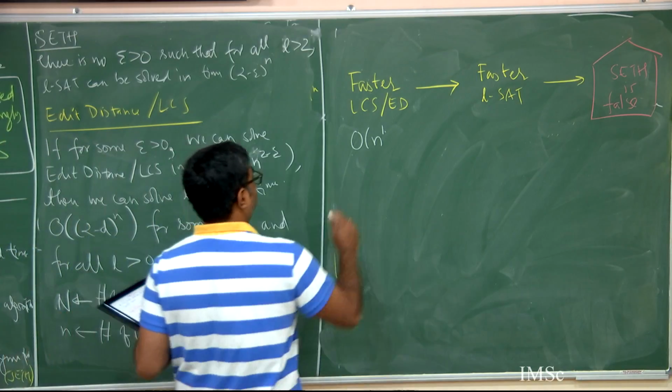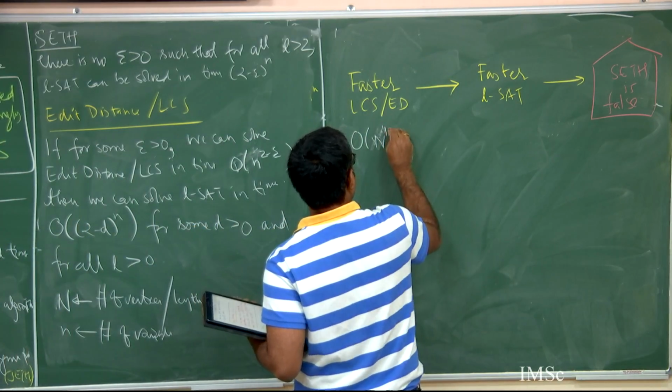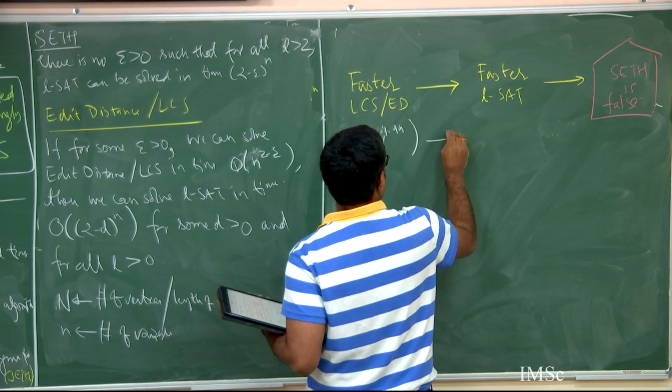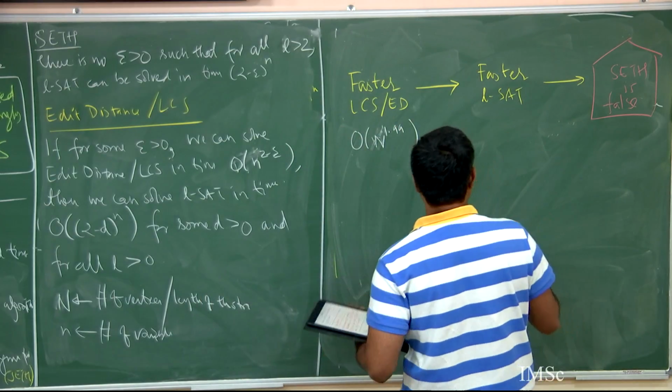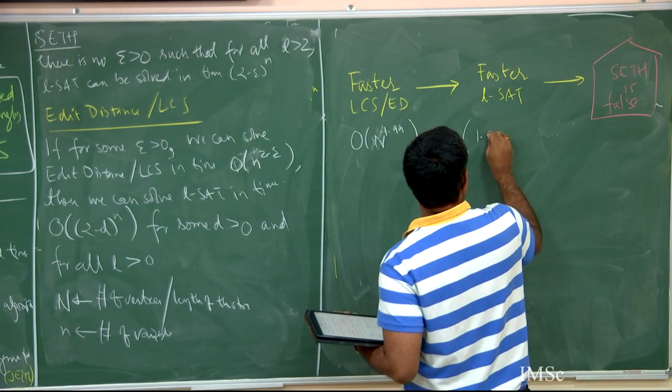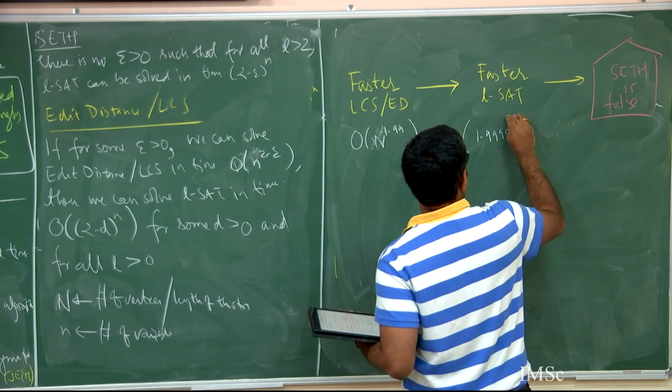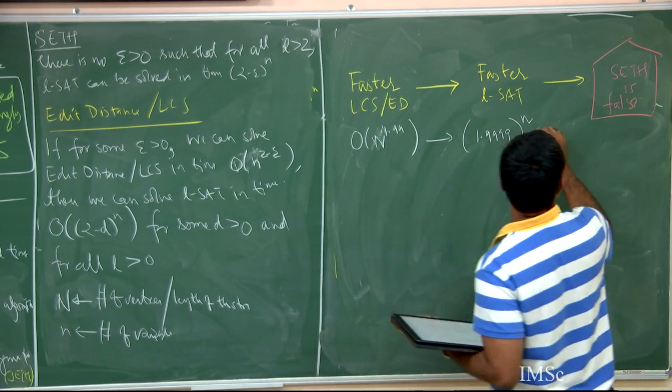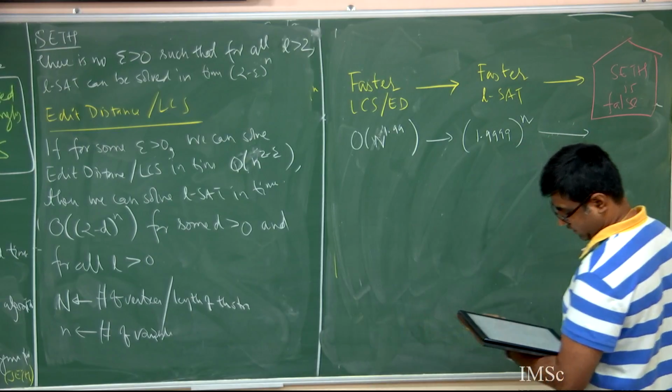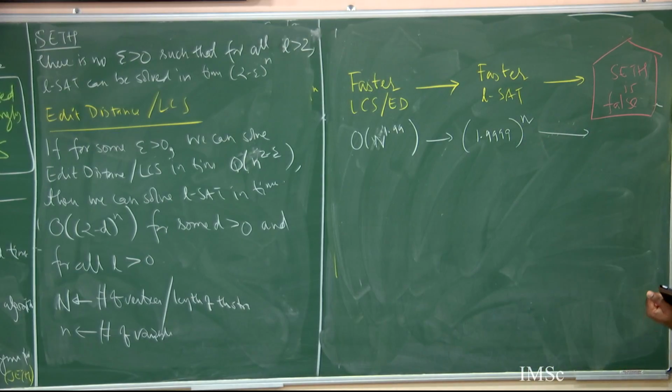So what does this imply? Implies maybe an algorithm for LSAT, and then that implies SETH is false, right.